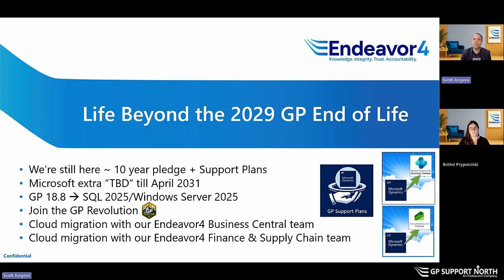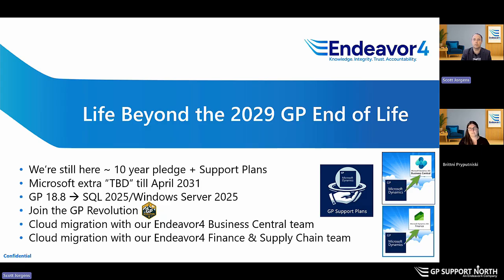We have that GP Revolution. That is our internal user group. We'll be extending that externally to some customers, and really a centralized focus on curated content for GP training materials and focusing on life after 2029. We also have some great talented teams within Endeavor4, both for Business Central as well as finance and supply chain.